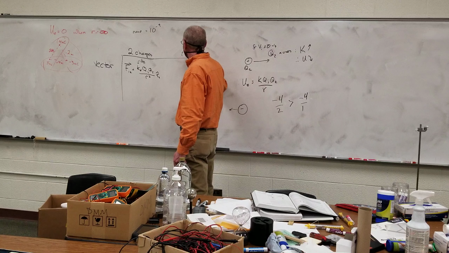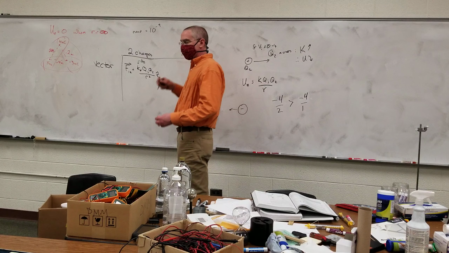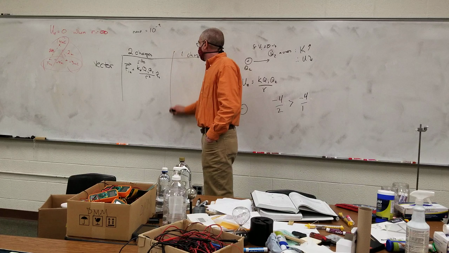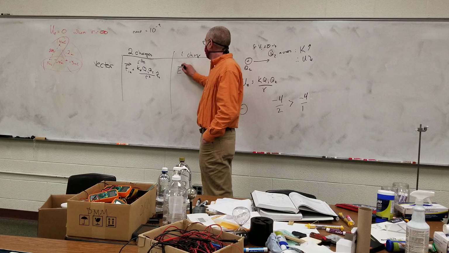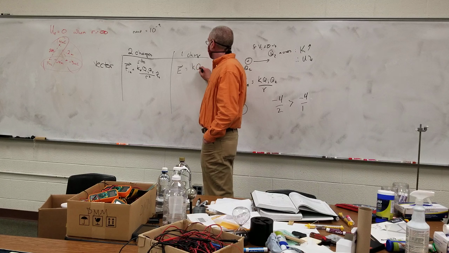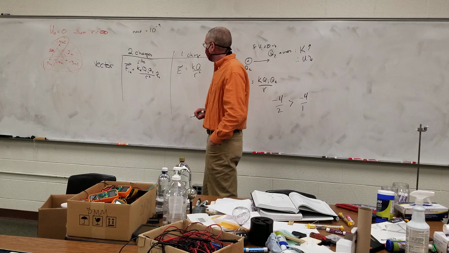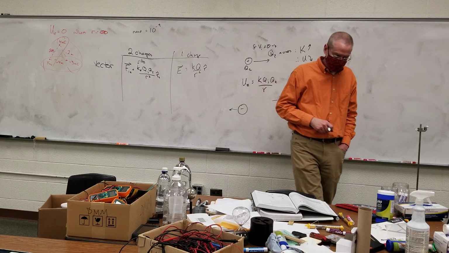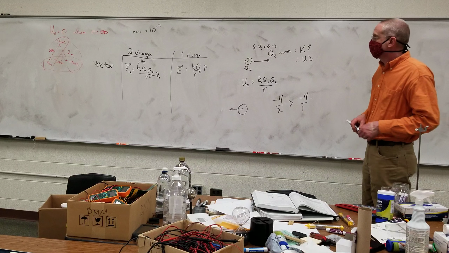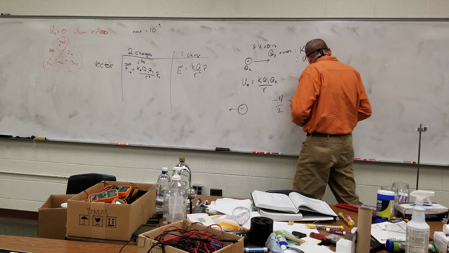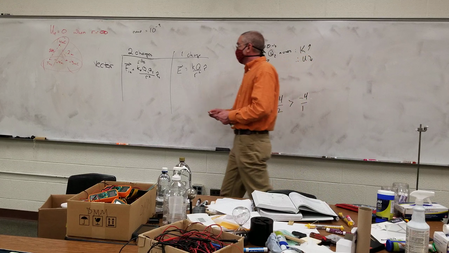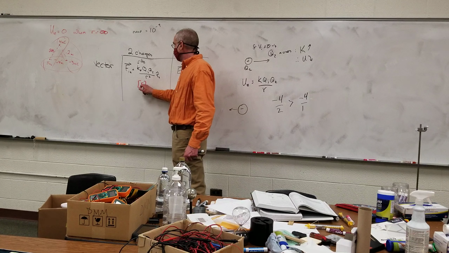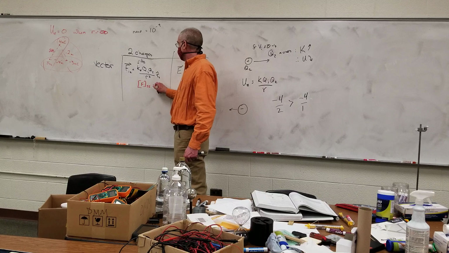If I have one charge, I can't have a force with just one charge, so I can deal with electric field. So my electric field, KQ over R squared, R hat. From a unit point of view, the SI unit of force is the Newton.